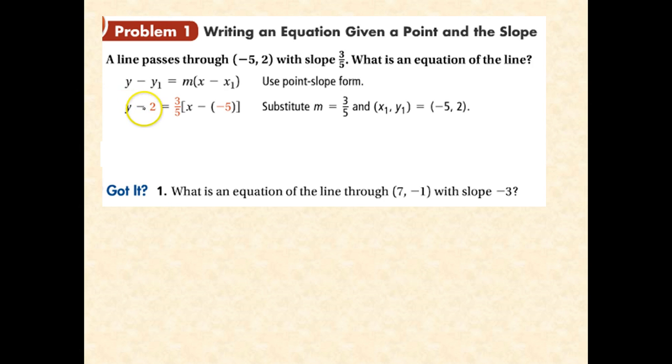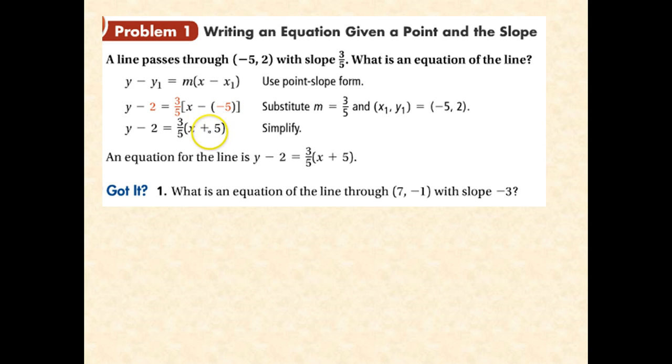So y minus 2 equals 3/5 times x minus -5. Now we'll simplify a little bit. Minus a -5 is +5. And so an equation for that line is y minus 2 equals 3/5 times the quantity x plus 5. And that is the point-slope form.